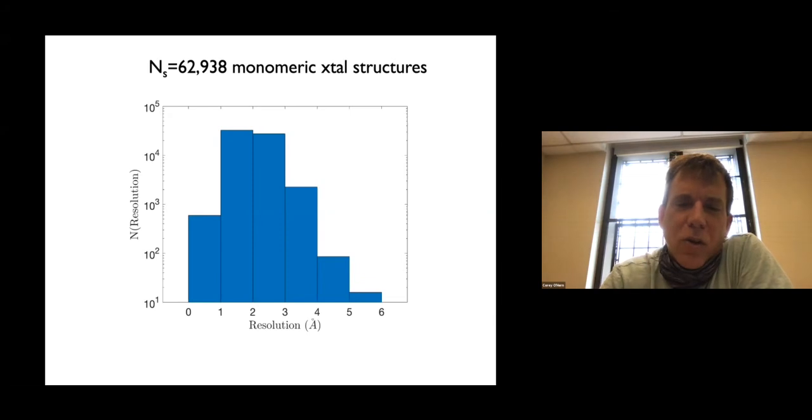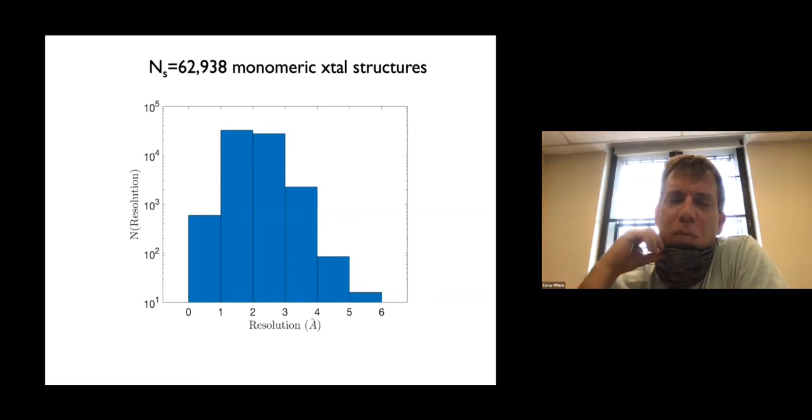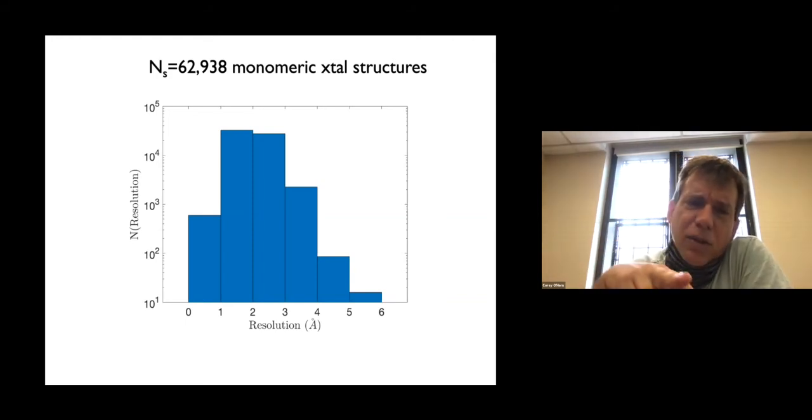Here I show, as of about 2 years ago, the number of X-ray crystal structures histogrammed as a function of resolution. If you look in the Protein Data Bank and search for X-ray crystal structures, there are 2 bits of information you can get from this.